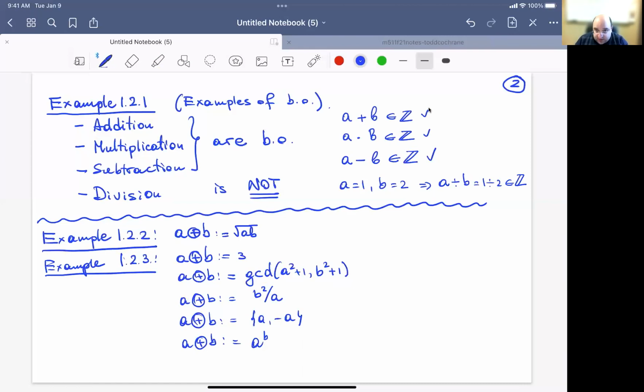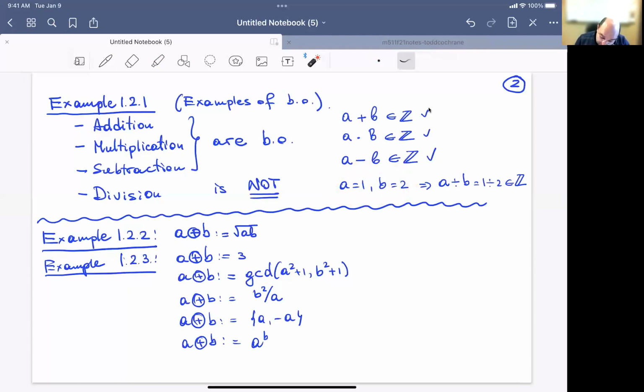For it to be a binary operation, the property has to hold for every possible pair of integers. If it fails just for a single pair, like in this case for 1 and 2, then it's already not a binary operation.